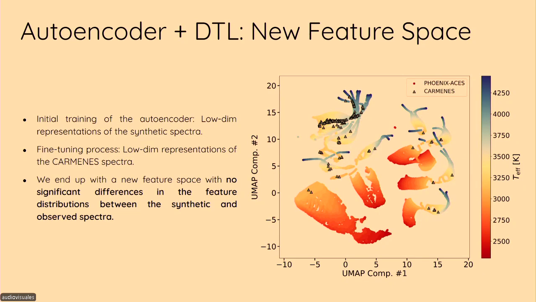And this is what you can see in this plot, which is the same two-dimensional UMAP projection, but this time using the low-dimensional representations that we found in our methodology. And now you can see how these CARMENES points are much more integrated along the grid of synthetic data than before.